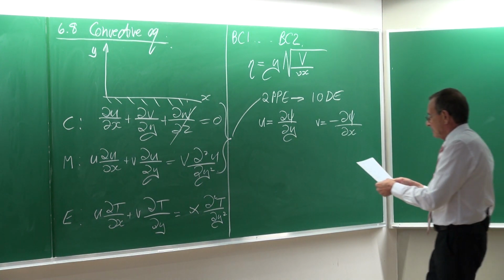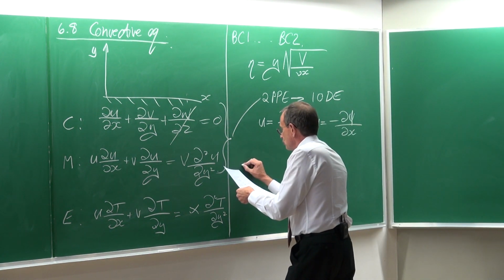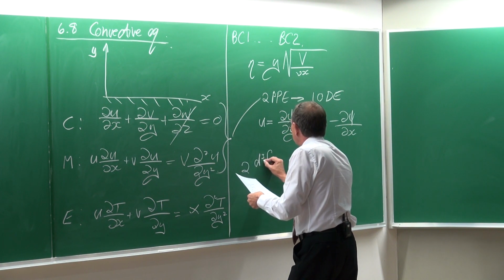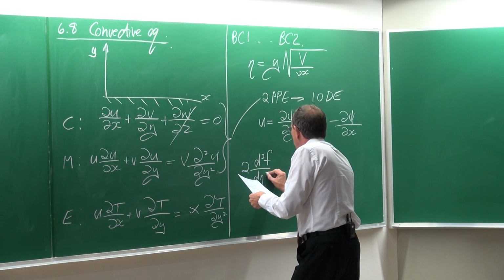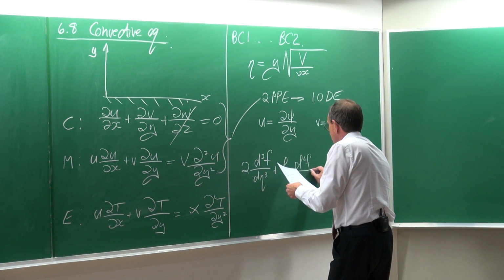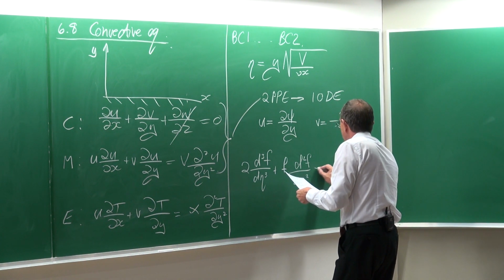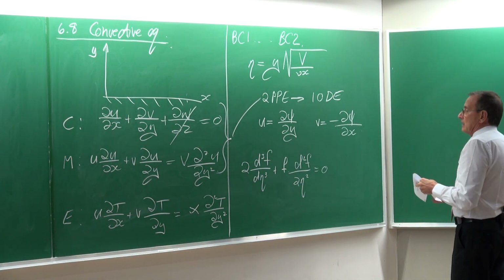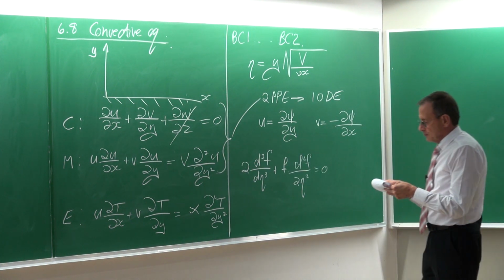And the result of that was then this third order differential equation, which is 2 times d3f/d eta cubed plus f d2f/d eta squared is equal to 0. So a third order ordinary differential equation, excuse me, not a partial differential equation.